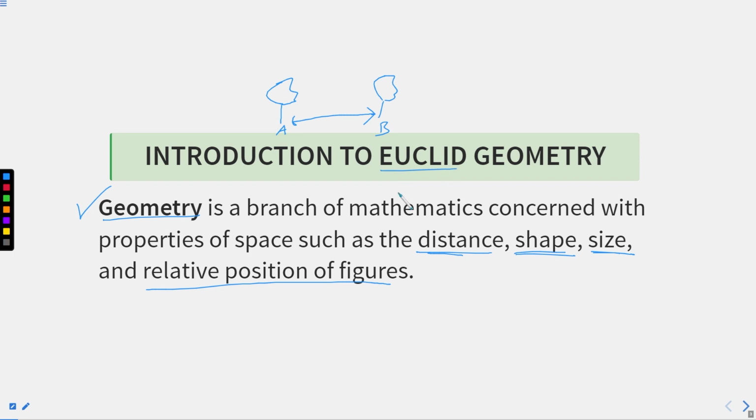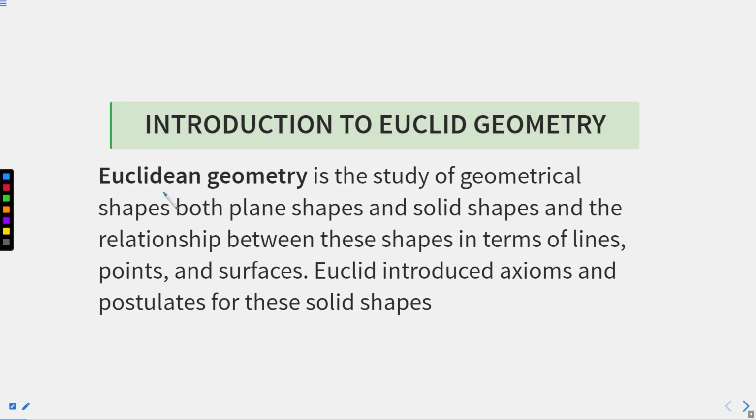What's different in Euclid's geometry? Euclidean geometry, or Euclid's geometry, is the study of shapes, both plane shapes and solid shapes, and the relationship between these shapes in terms of lines, points, surfaces, and so on. What are these words, line or point or surface?